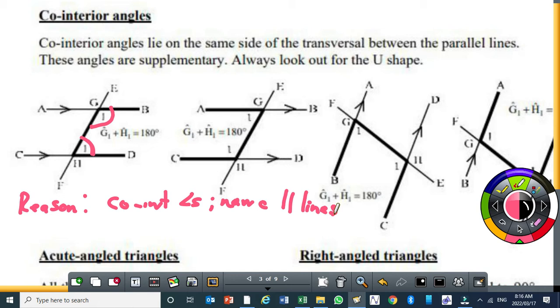So whenever you identify corresponding angles, co-interior angles, alternate angles, you must specify the lines that are parallel, every time. If you don't, then you might not get full marks for that reason. Is that clear to everyone?